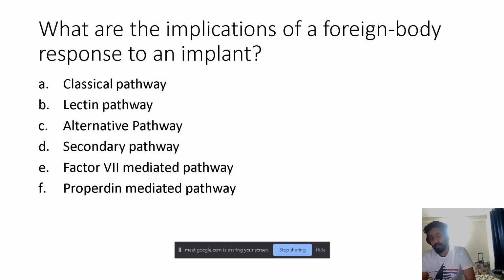What are the implications of a foreign body response to an implant? Will it activate the classical pathway, the lectin pathway, the alternative pathway, secondary pathway, factor 8 dependent mediated pathway, or properdin mediated pathway? Sir, E and F, I guess.